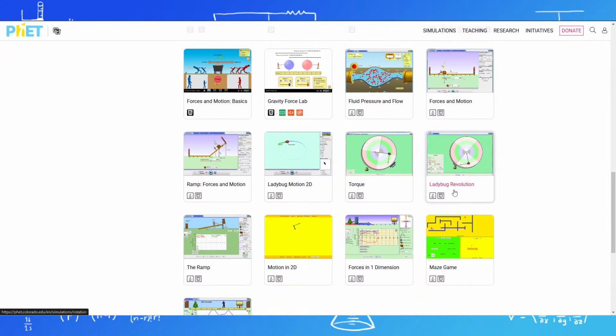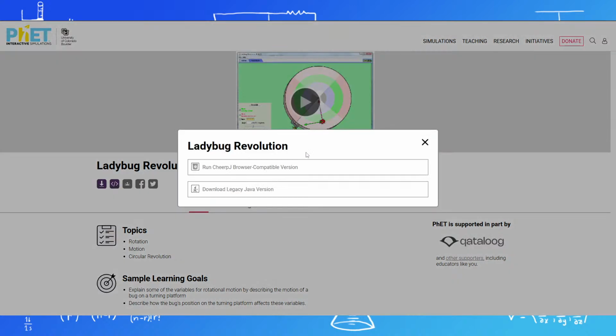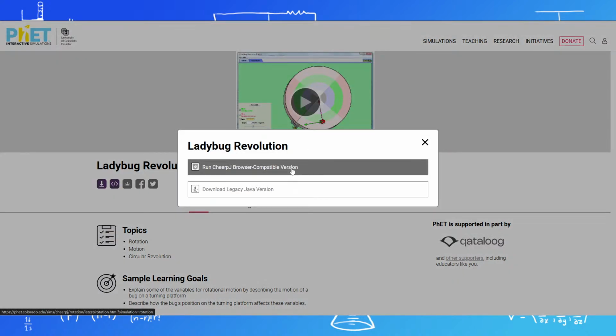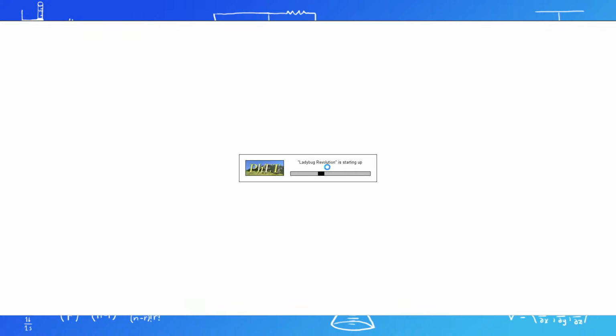Ah, here we go. Ladybug Revolution. And we're just going to run the browser compatible version. If you want to download the Java version and just run it off of your PC offline, you're more than welcome to do that as well.